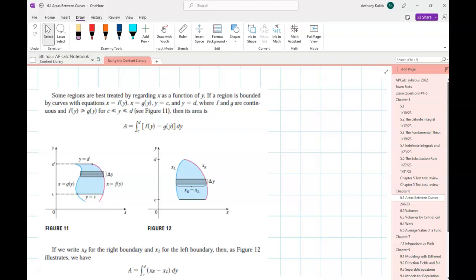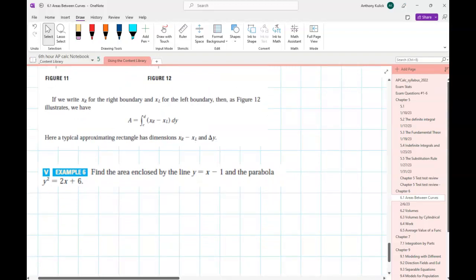No. Right? Because we know that fundamentally integrating and we change the name of the variable doesn't change the value of the integral. What it will do, though, is affect the setup a little bit, because instead of looking at top versus bottom, we're going to look at right minus left. But that's the only difference.